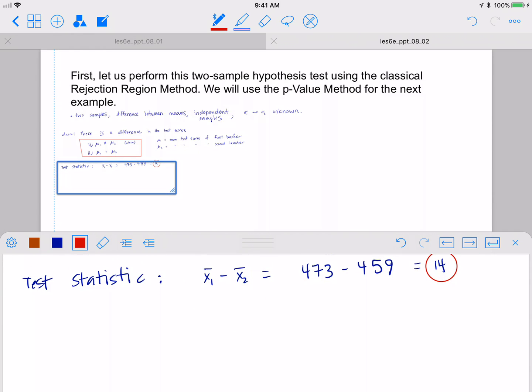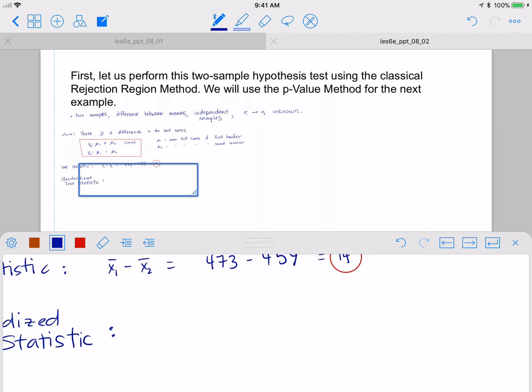Now that we've got our test statistic, let's compute the standardized test statistic. So for the standardized test statistic, we will need the following formula. T equals x1 bar minus x2 bar minus mu1 minus mu2, and all of that is divided by the standard error.